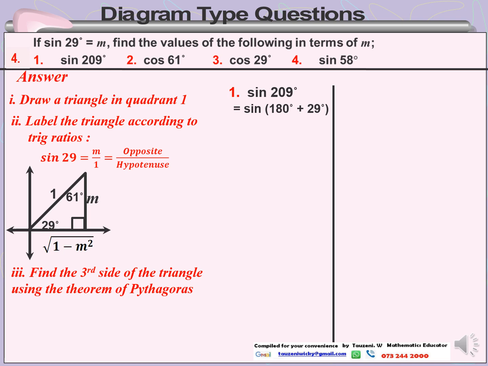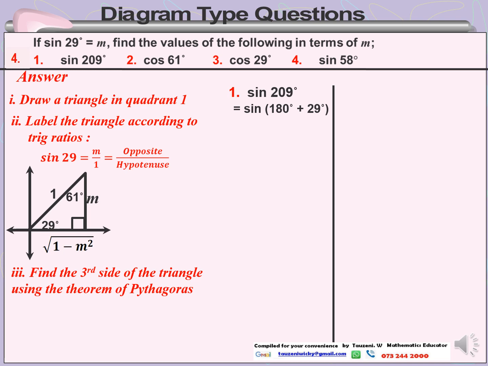With this type of question, please notice something very cute here. The angles that are given, sometimes they give you angles that are not in the triangle. So they can say to me, please find the value of sine 209.